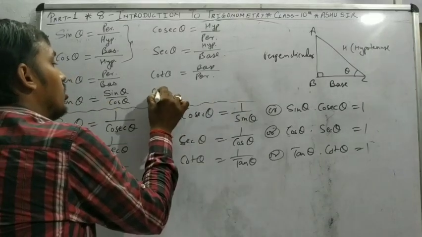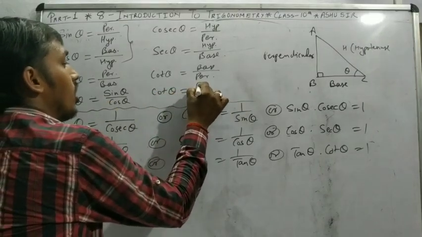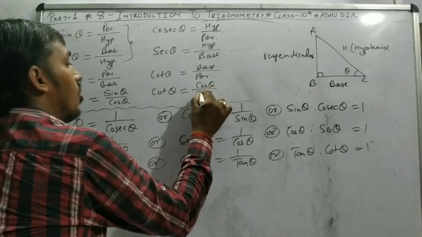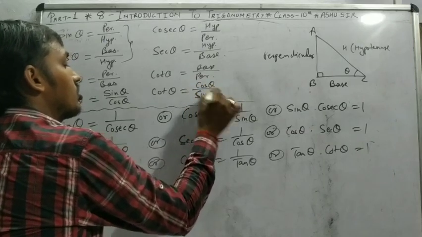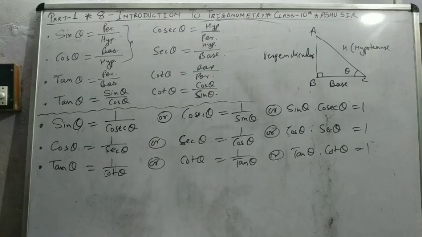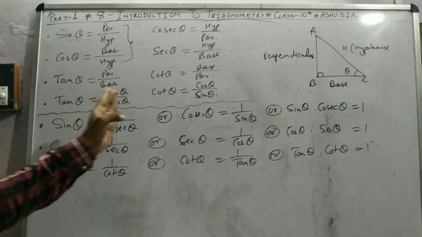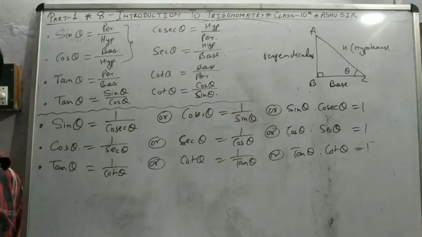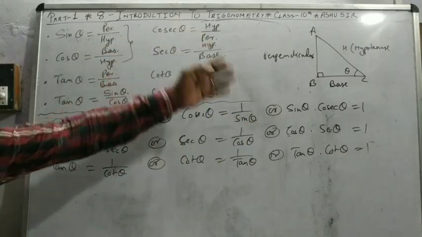Here cot theta is equal to the ratio of cos theta to sin theta. Okay, so these are the basic relations and the ratios of the sides.